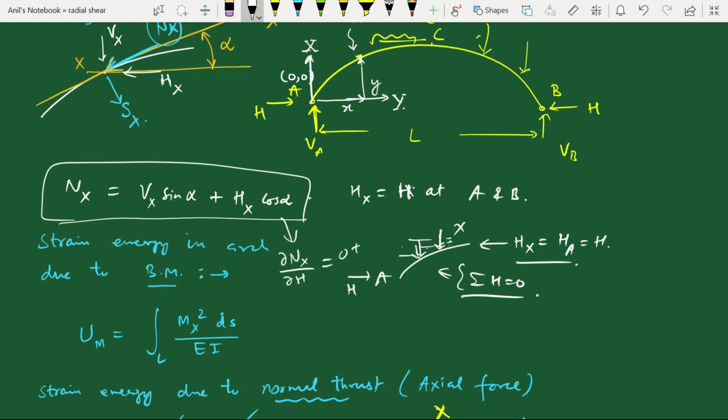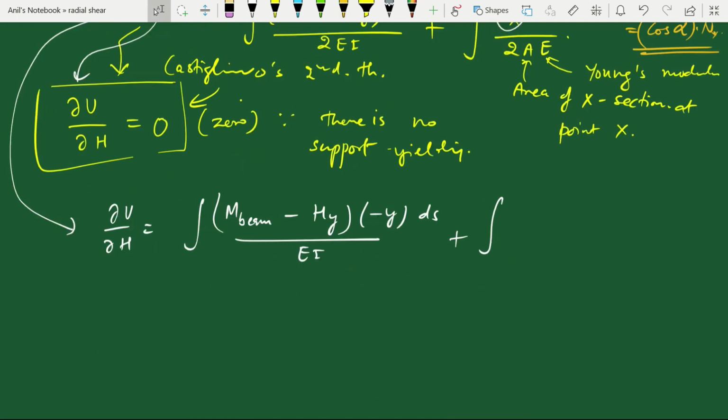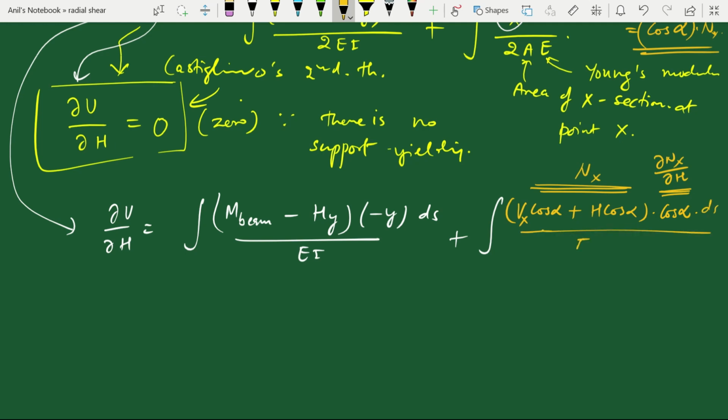So differentiation of Nx with respect to H, simple. It will be 0 plus cos alpha, because this is a constant, partial differentiation with respect to H. So second term in strain energy is obtained as Vx cos alpha plus H cos alpha, which is nothing but Nx, into cos alpha, which is nothing but del Nx by del H, into ds upon AE.